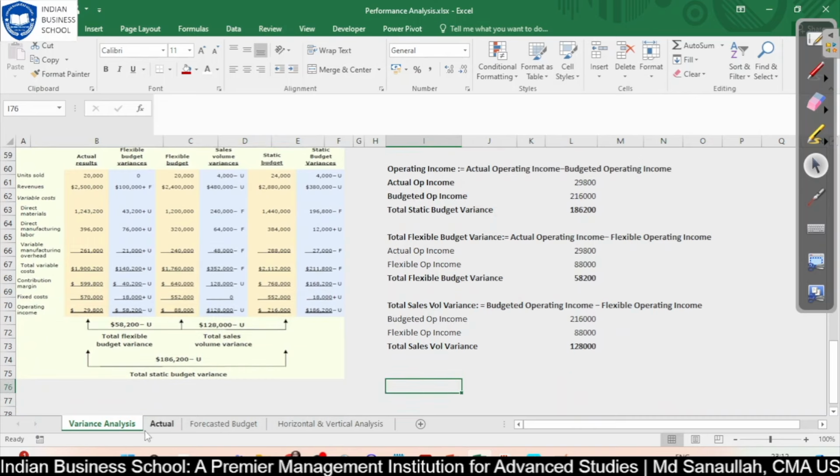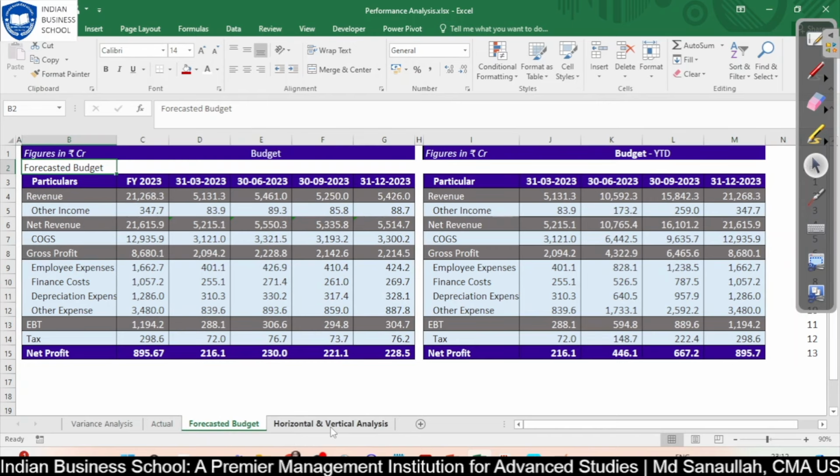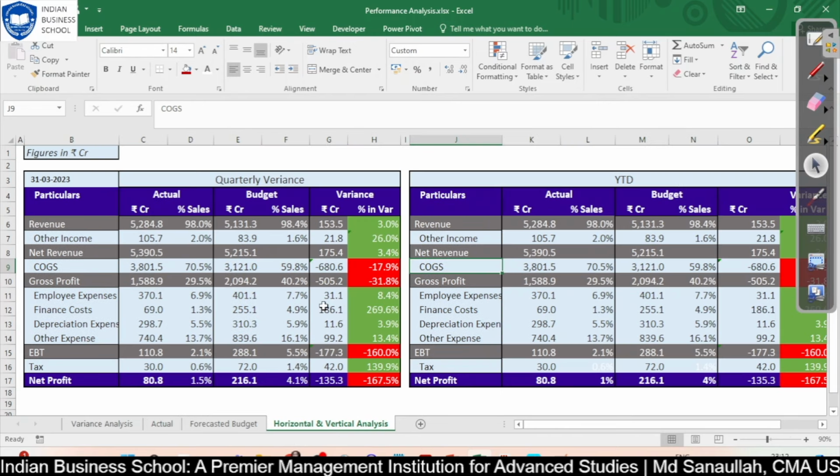Okay, now we will go to our actual and forecasted, and then horizontal versus vertical analysis. So based on sales percentage, whatever we are calculating here, the percentage, this is called horizontal analysis. When you are comparing actual versus budget and the variance you are getting, that is called vertical analysis.